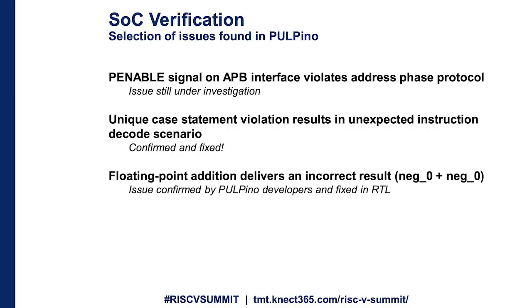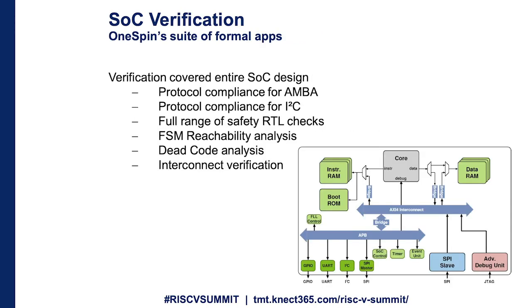Some of them are low-hanging fruits coming directly from the automated code inspection. The floating point addition delivers incorrect results. And recently, they have completely modified the FPU to a new implementation. So what we have applied is protocol compliance.